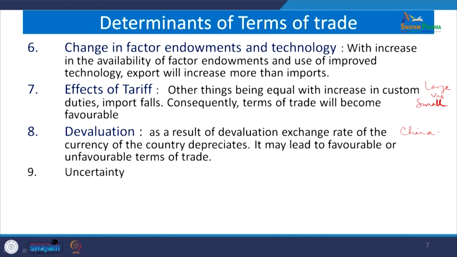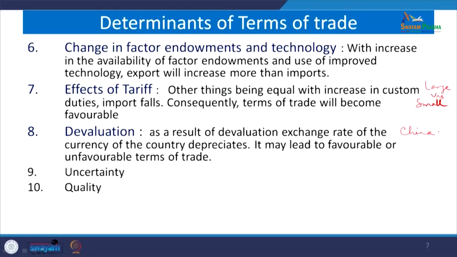Similarly, if there are uncertainties within the country, some kind of disturbances, some kind of wrong postulation, some kind of risk attached, then it is often observed to be unfavorable to the terms of trade. Now, what about the quality of the product?